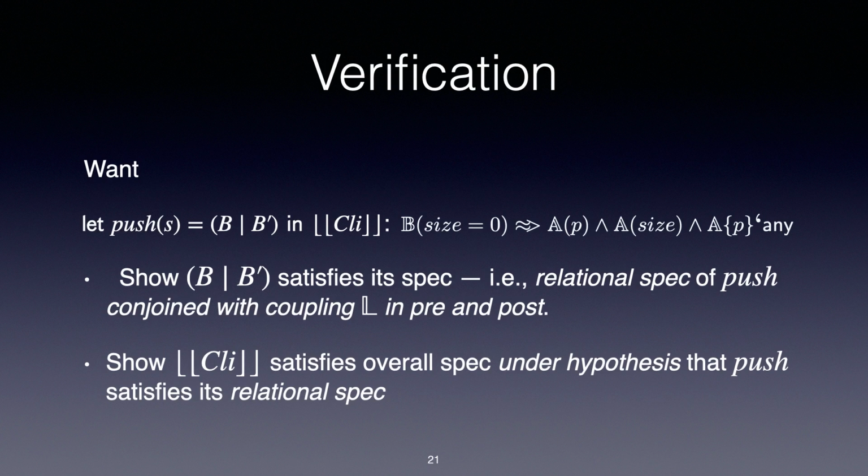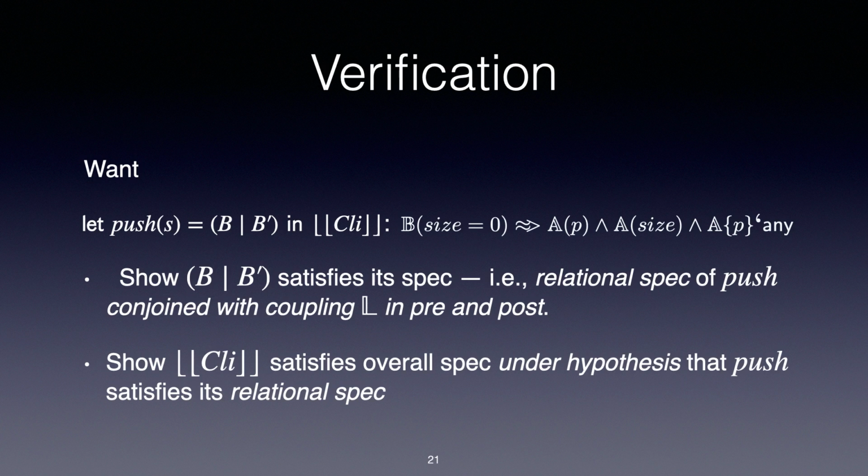And how do we do the verification? This is interesting because what we want again is that this linked client satisfies this relational formula. So the way we do the verification is to show that B split B dash satisfies its spec. But what is that spec? It seems like it's going to be the relational spec of push.